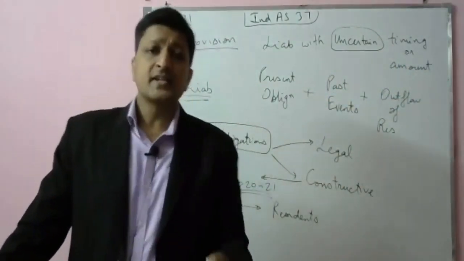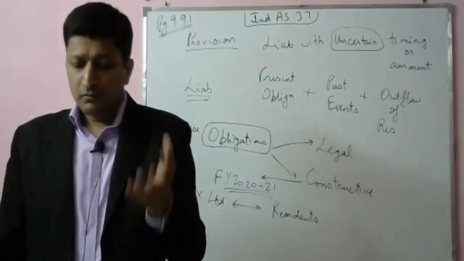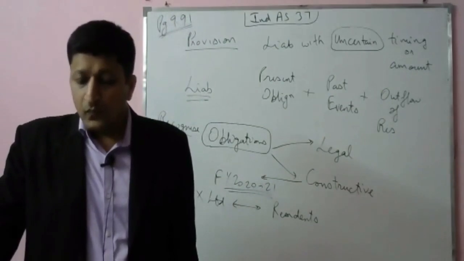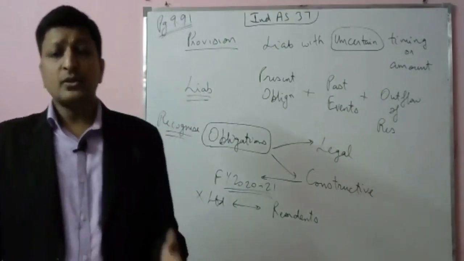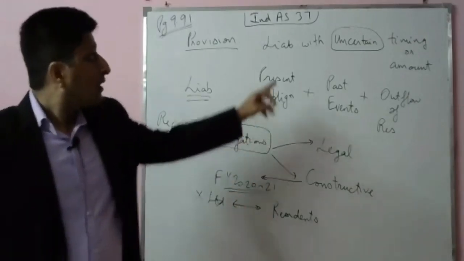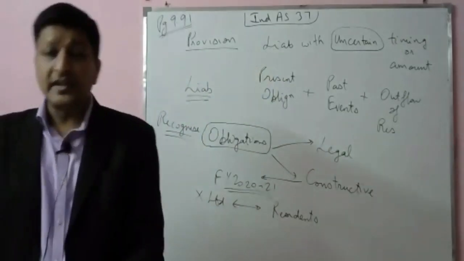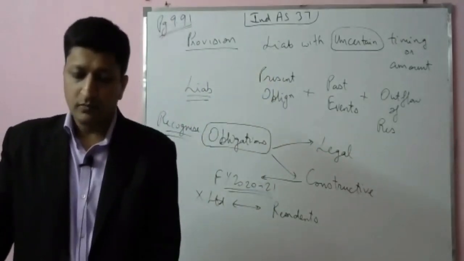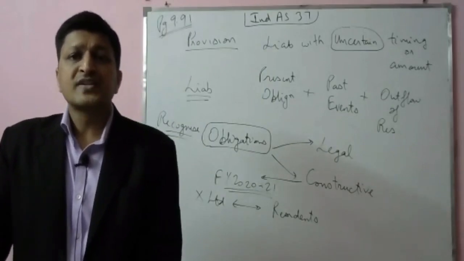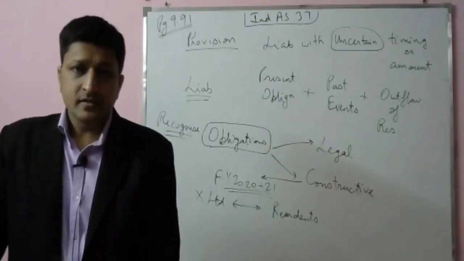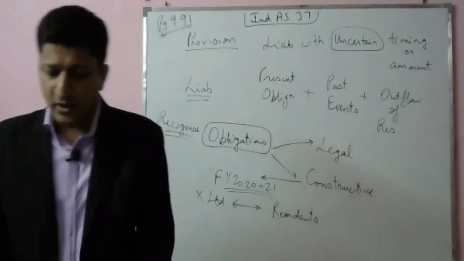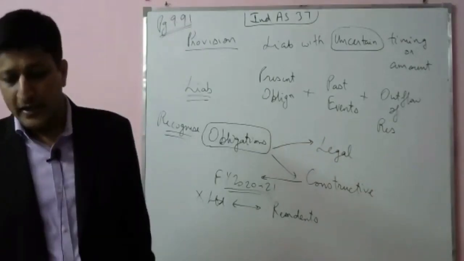So let's take an example of a bill of electricity. Now in this case, even though the bill has not been received, still the timing of payment is known. Why? Because the utility companies would have fixed the dates on a monthly basis, or on a regular basis, as to when the payments are required to be made.